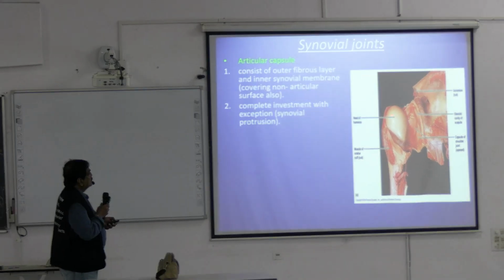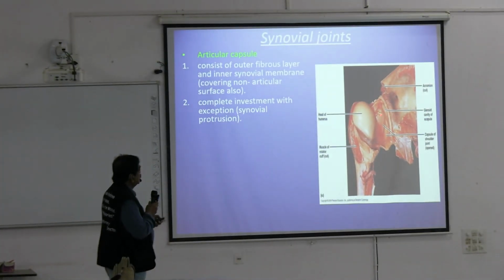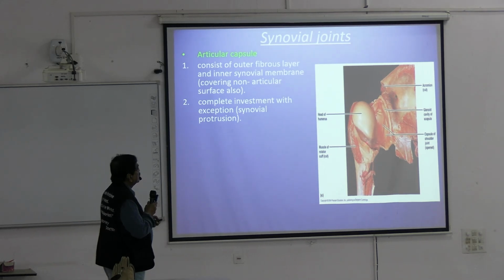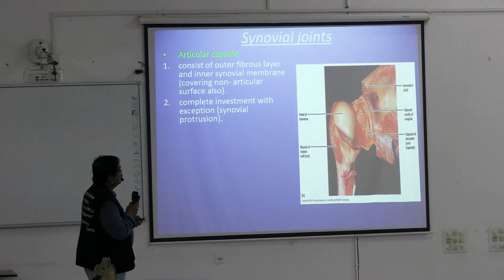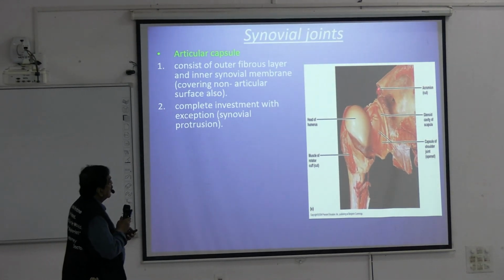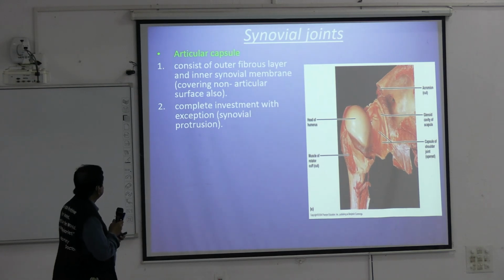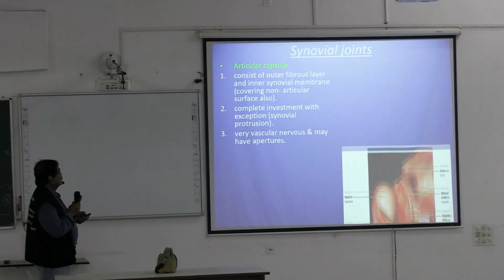This is the head of the humerus, the rotator muscle, glenoid cavity, capsule, and this is the acromion process cut off to expose the shoulder joint. Very vascular, nervous and may have apertures.